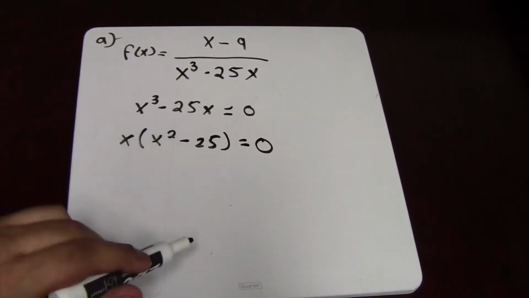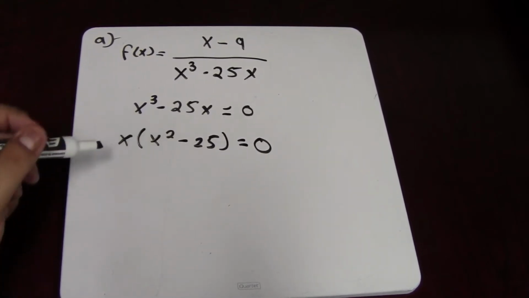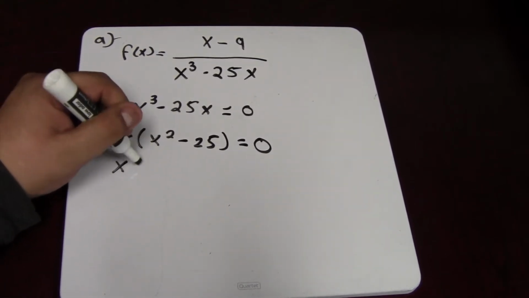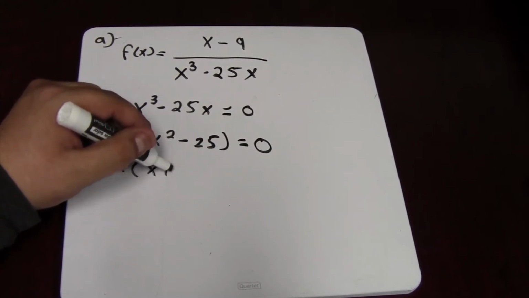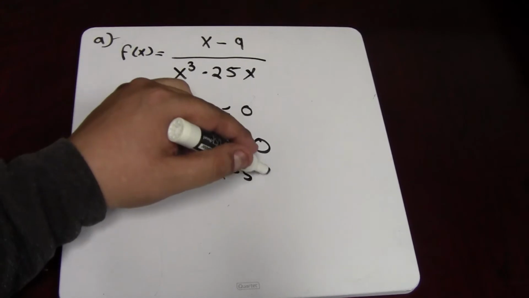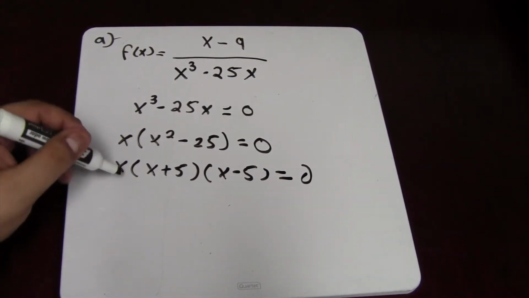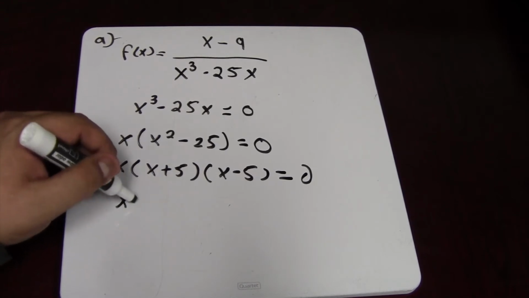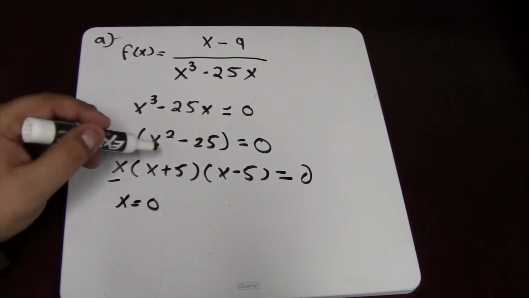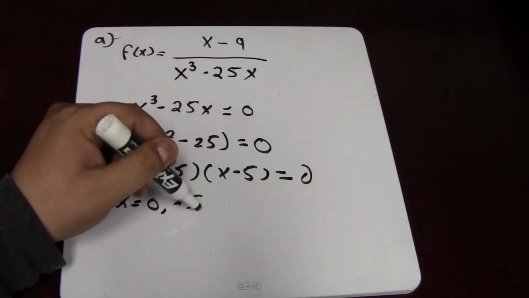And then it looks like we can also factor this right here to be x plus 5 and x minus 5. So from this we see that x can equal 0, x can equal negative 5, and x equals 5.